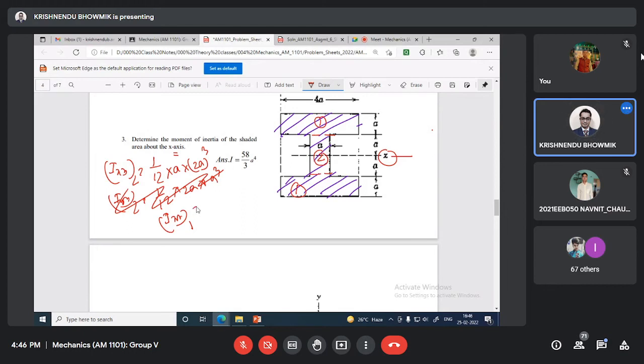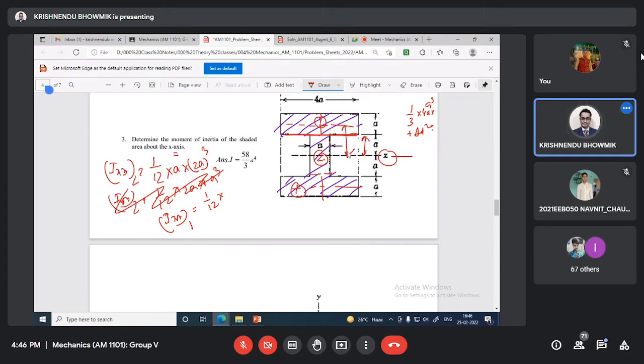Ixx1 will be 1 by 2. You have to be careful. We are not using one third with respect to base and this distance, because if I use this base, say one third 4a cube, then a d square, it will be wrong because base is not passing through centroid. That's why we are considering the imaginary centroid here, and calculating the distance to this.